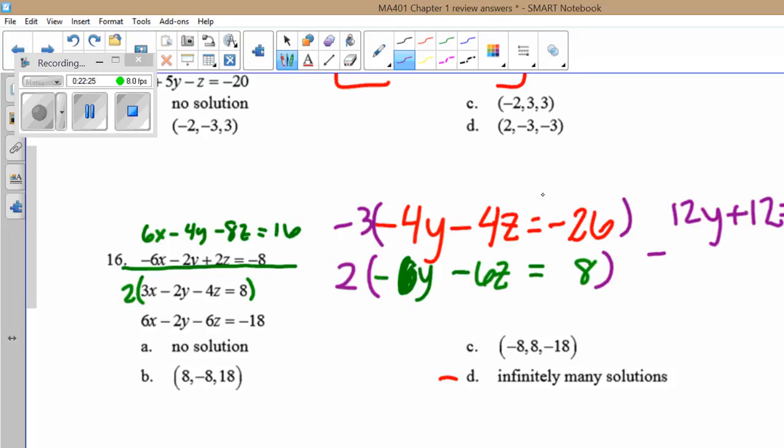Here I get a negative 12y and a negative 12z and 16. When you add this, you get 0 equals a number. It's 94. Is that true? No, it is not. So it's no solution.